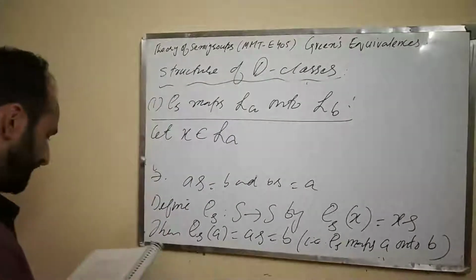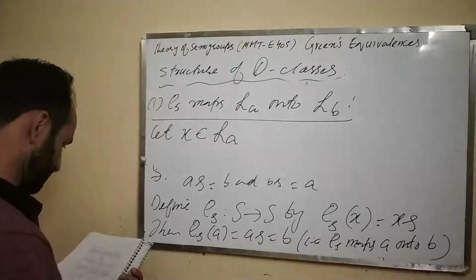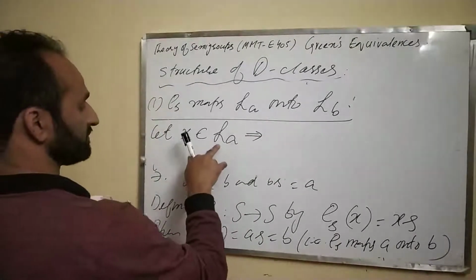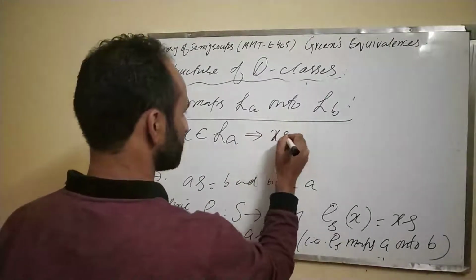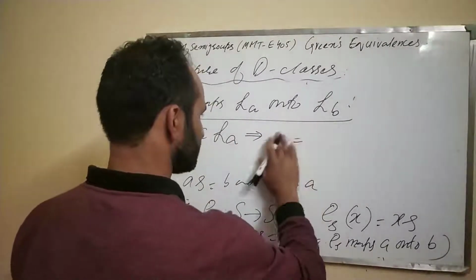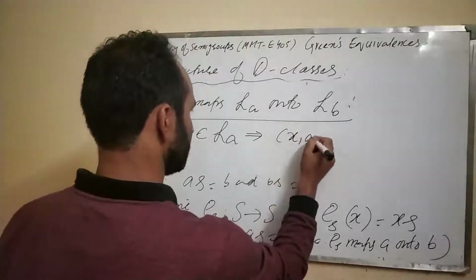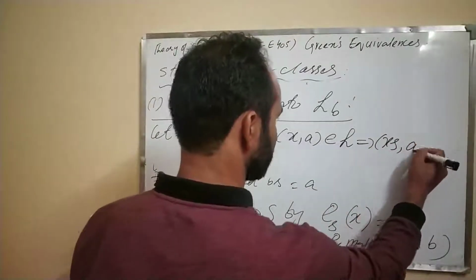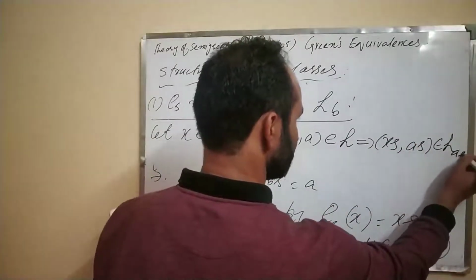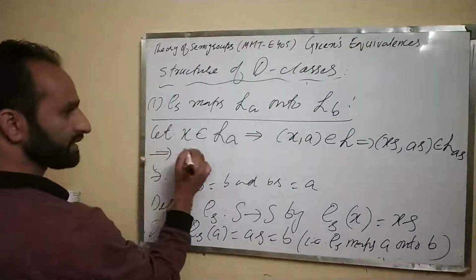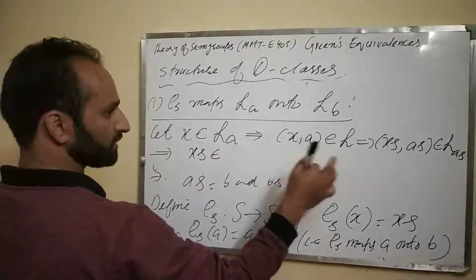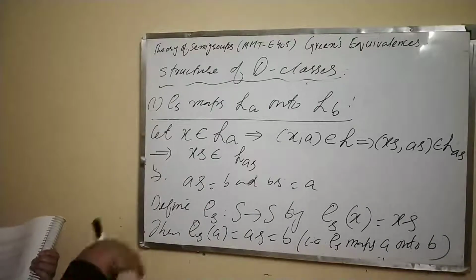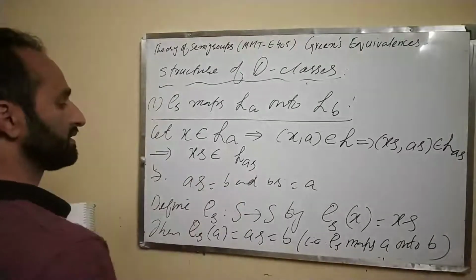So it implies that X is related to A. So this implies, since this L relation is right congruence, so it means that, first I will write it as X comma A belongs to L, which implies by right translation XS comma AS belongs to L. So that means this XS belongs to the L class of AS. Okay, because they are related to each other, so XS belongs to the class of AS.